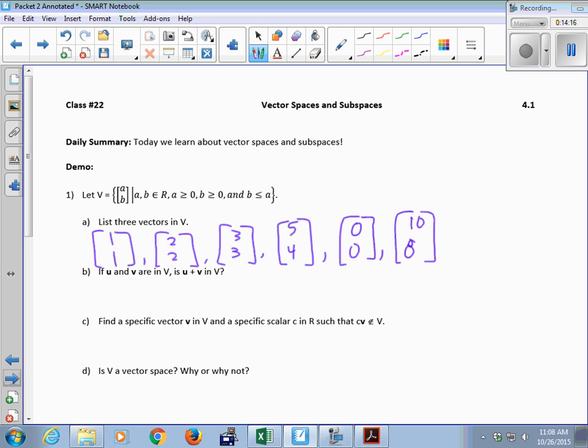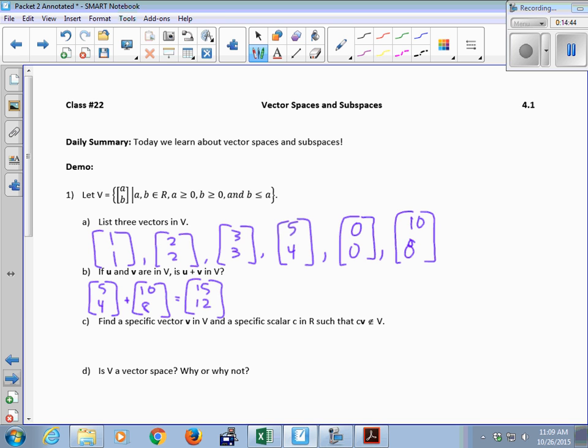If you pick two random vectors u and v in this set and add them together, do you always get another vector that satisfies those conditions? If I do (1, 1) plus (2, 2), I'd get (3, 3), and that is in the set. What if I do (5, 4) plus (10, 8)? I'm going to get (15, 12).